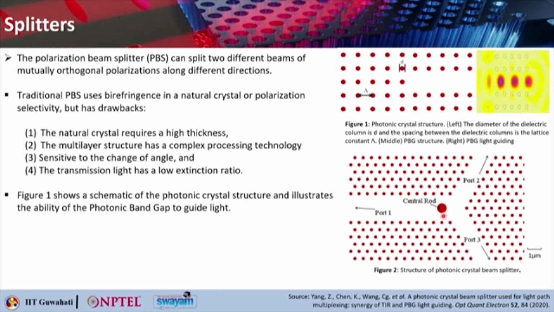As you can see in figure 2, there is a large circular dielectric column at the center of the Y-shaped branch. So this central rod is placed at that particular point, and the existence of this circular dielectric column introduces asymmetry.